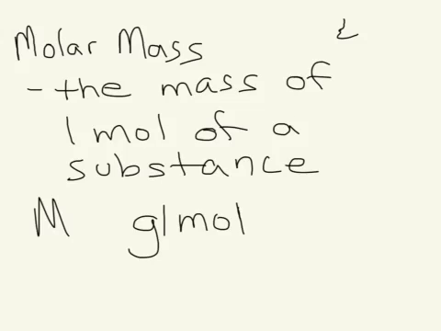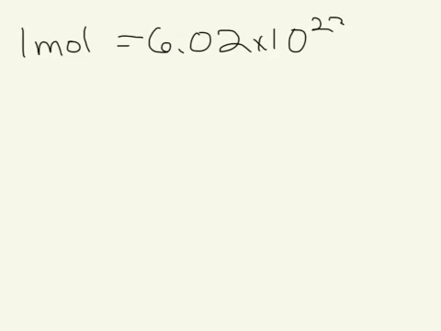Yesterday, or the other day, we looked at Avogadro's number and the idea of the mole. If we remember, 1 mole is equal to 6.02 times 10 to the 23 entities. That can be atoms or molecules, so it's entities.